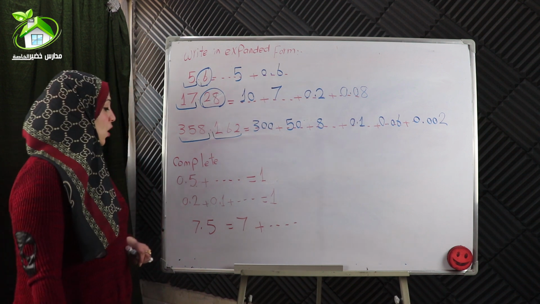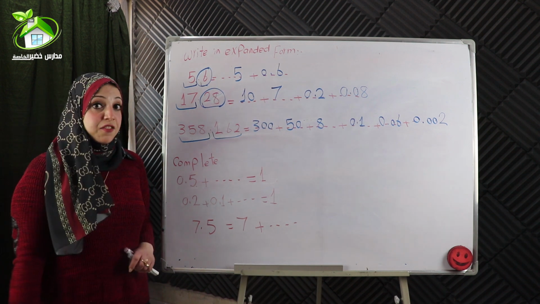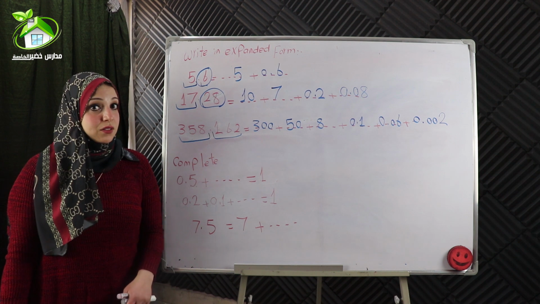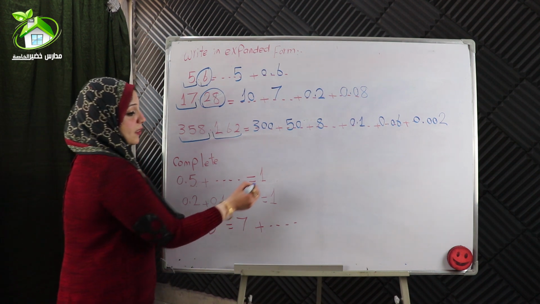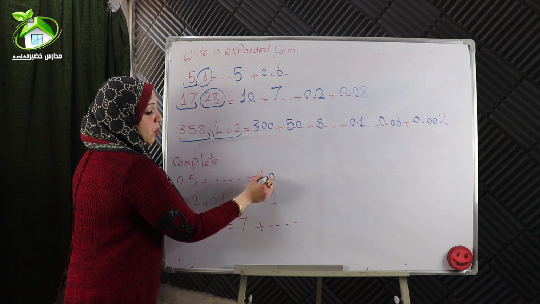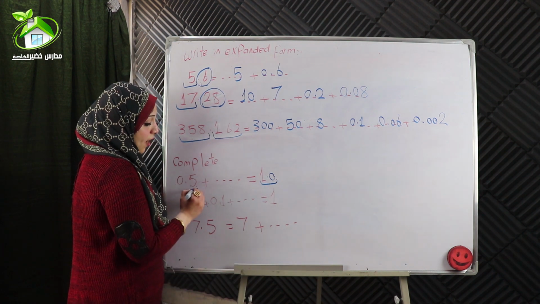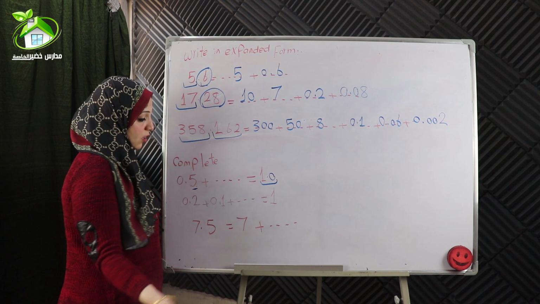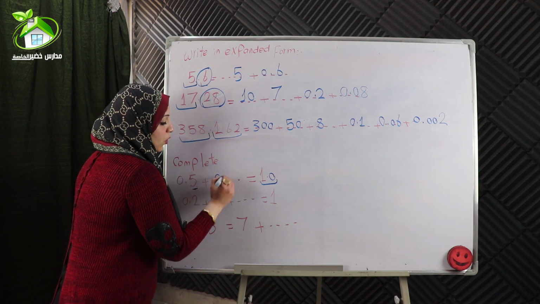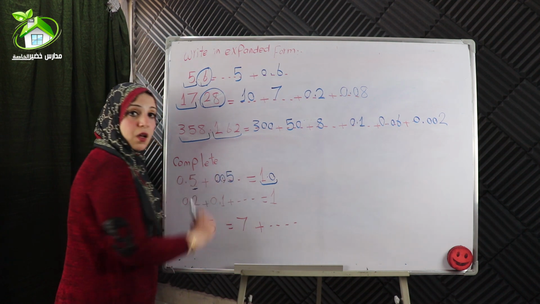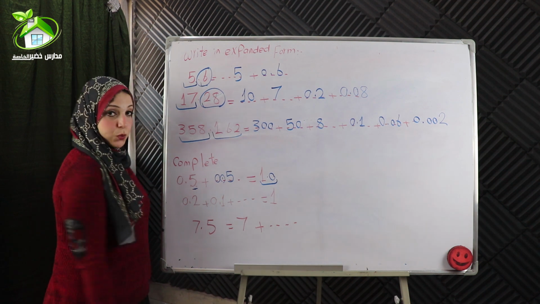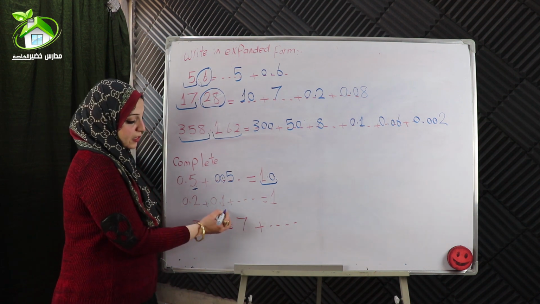Another exercise, complete: 0.5 plus what equals 1. I consider 1 as a 10. I put the point and 0. I count from 5 to reach 10, which equals 5, but 0.5. Don't forget the point. The second one, 0.2 plus 0.1 plus what equals 1.